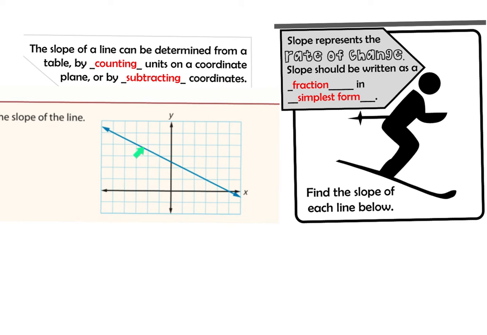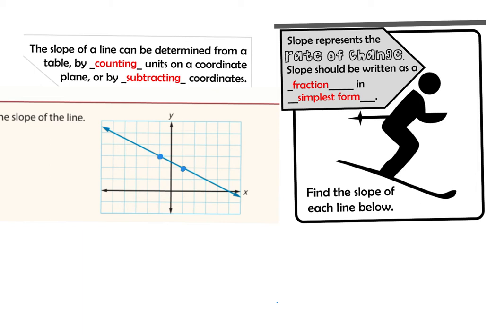I want to use a point that's very obviously on 2 lines that are crossing. So I'm probably going to use this one right here and maybe this one right here. I'm going to use 2 that I can very easily see. This right here is directly on a cross, and this right here is directly on a cross.